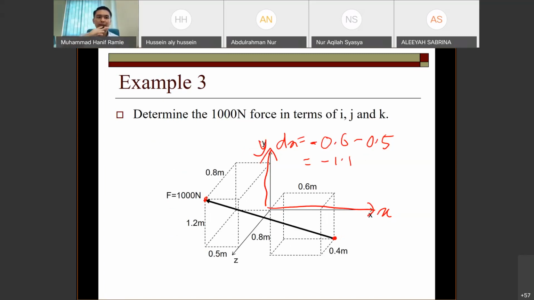It should be negative lah, because the positive of x is right, and you're moving to the left part. Okay, negative. So the value of dx should be negative lah.